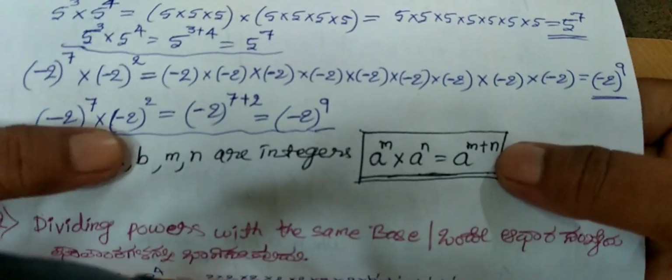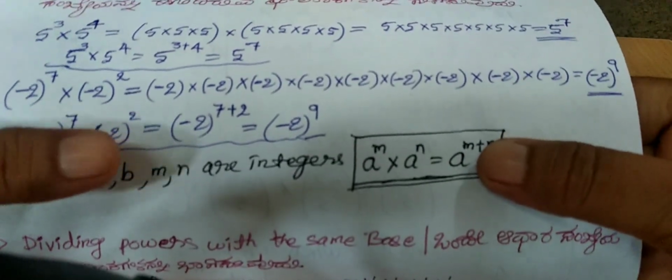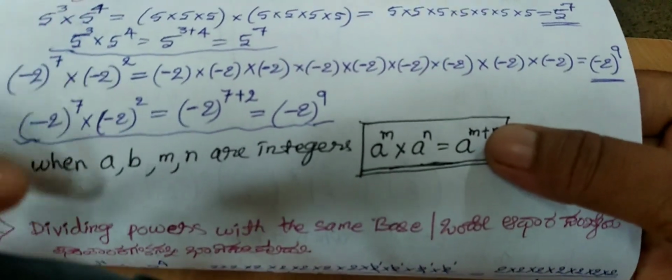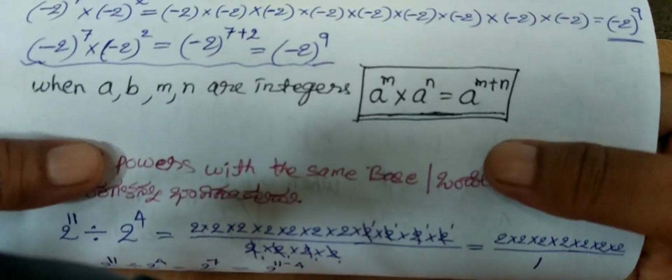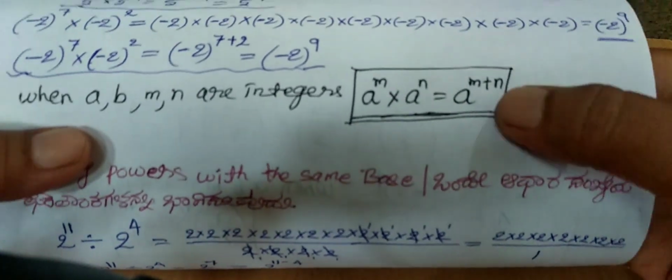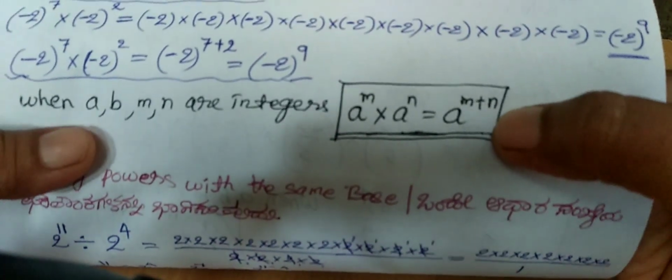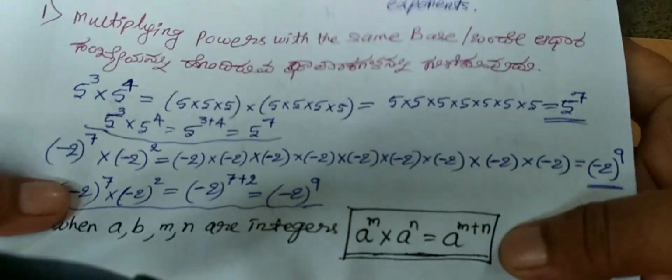-2 to the power 7 into -2 to the power 2 is equals to -2 to the power 7 plus 2, that is -2 to the power 9. So we can generalize like this. When a, b, m, n are the integers, a to the power m into a to the power n is equals to a to the power m plus n.